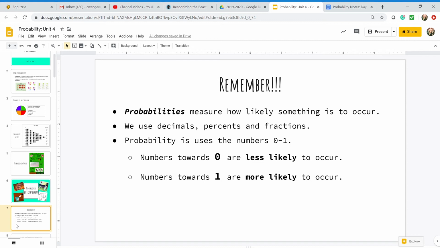You can think of this as a percentage, like 0 to 100, so 100% is an A and 0 is an F. Those are ways to think about it. You can think of a lot of different ways, but you will always use the numbers 0 through 1. You should never go over that, and we'll get into some of those fractions, percents, and decimals a little more as we move into more probability. So just remember 0 through 1, 0 less likely, 1 more likely.